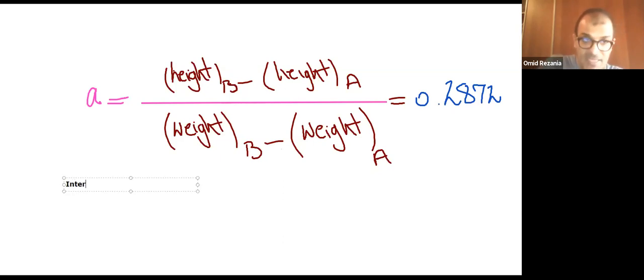I call that interpretation of A, slope A. What does it mean? It means that, guys, based on the things that we learned in our course on average rate of change and instantaneous rate of change, we said what? This one represents what?